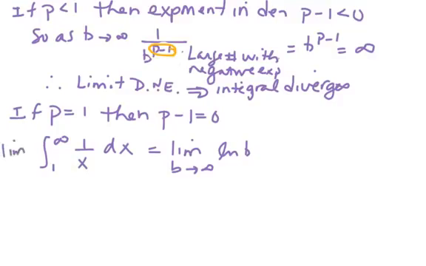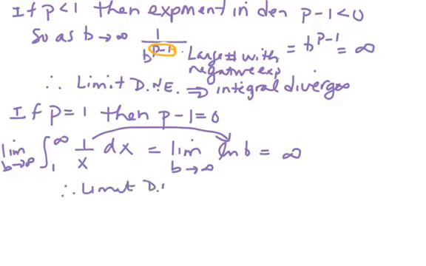You have to replace this. I jumped ahead a little bit here, but taking the antiderivative of 1 over x, it's ln of b, and that limit as b goes to infinity is also going to go to infinity. So the limit does not exist. The integral diverges.